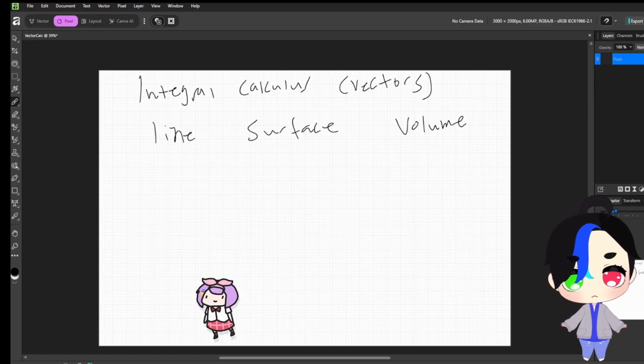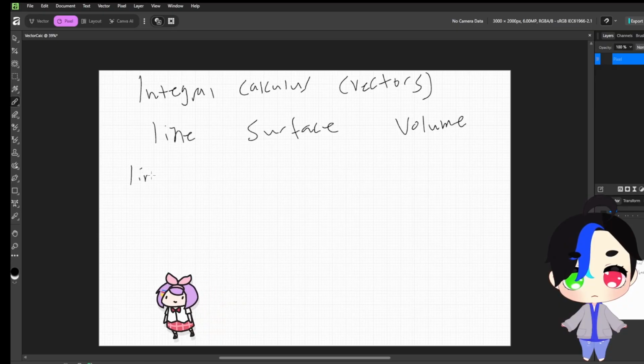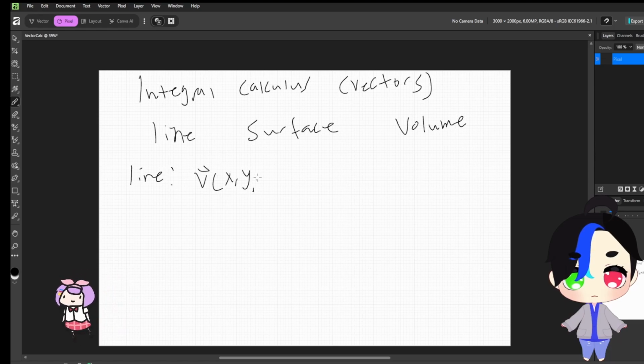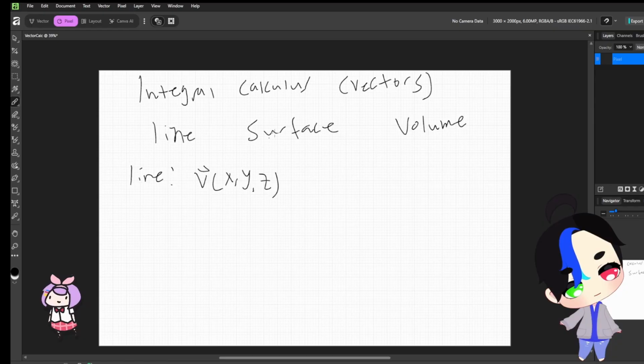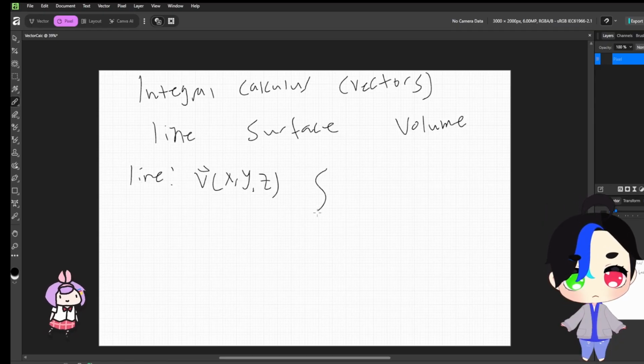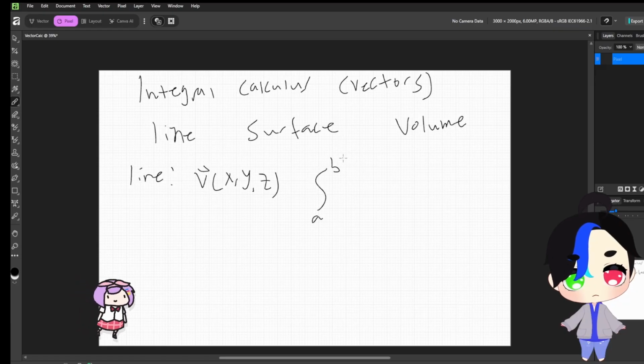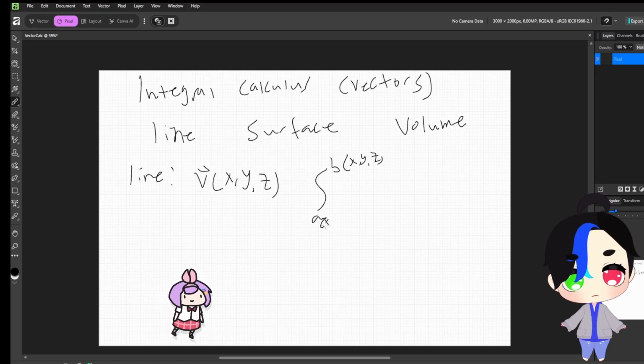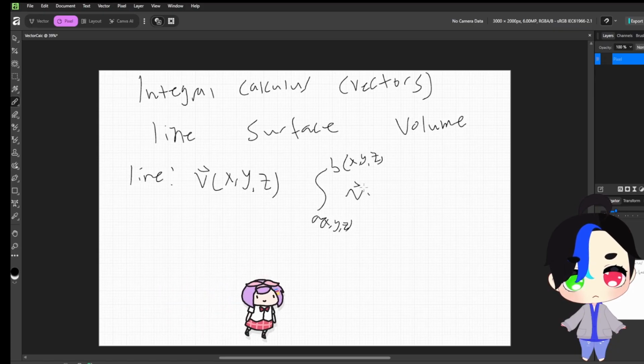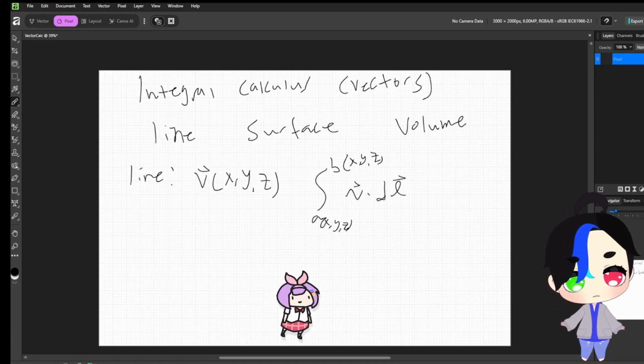So let's start with line integrals. If you have some vector field v, which is a function of x, y, and z, then the line integral is the integral from point A to point B, keeping in mind that these are 3-dimensional points, of v dot dl, where L is a specific path.